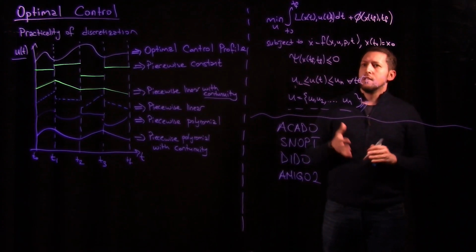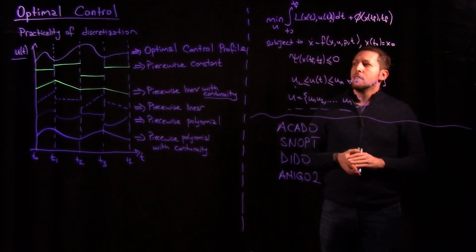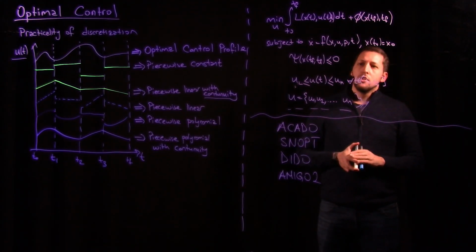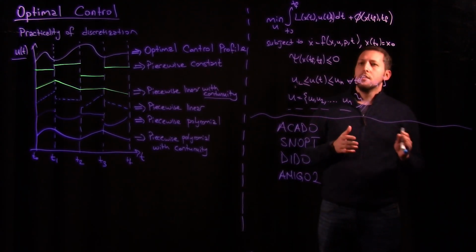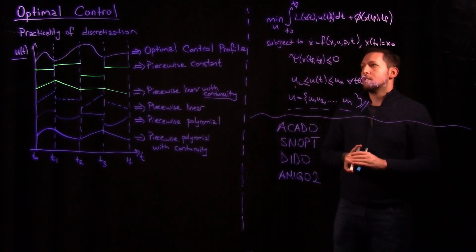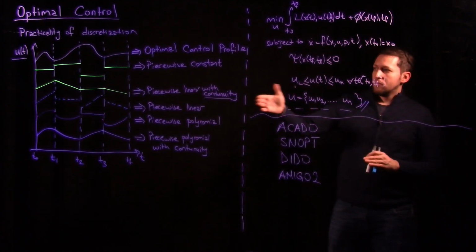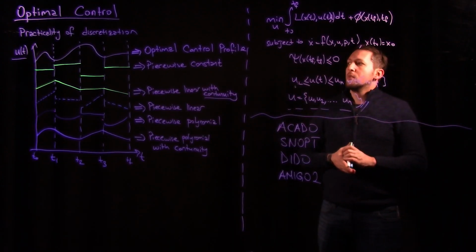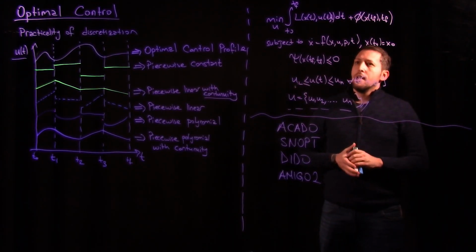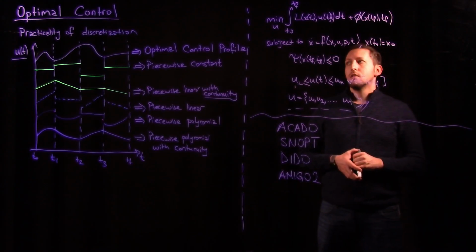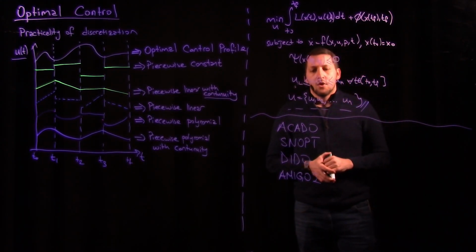We have tried to point out the importance of it, and also discussed the main solution strategies, which are direct and indirect approaches. Discretization plays a crucial role in direct approaches, because the way that you discretize the system is strongly related with the performance that you may get at the end. And of course, we also briefly mentioned the available tools in literature that you can use as a solver for your optimal control problem.